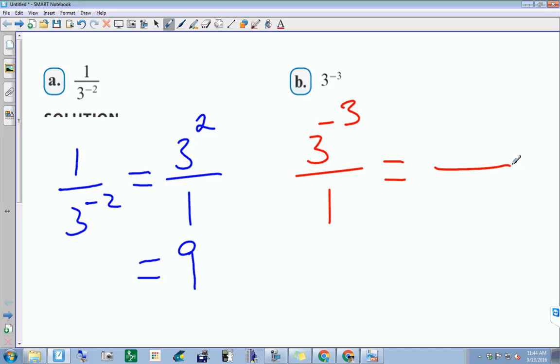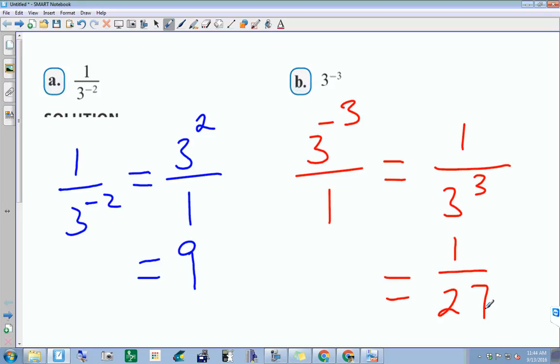If it was on the bottom, it went to the top and became positive. If it's on the top, it can go to the bottom and become positive. So this just goes to 1 over 3 to the third power. And what's 3 times 3 times 3? 27. So this is just 1 over 27.